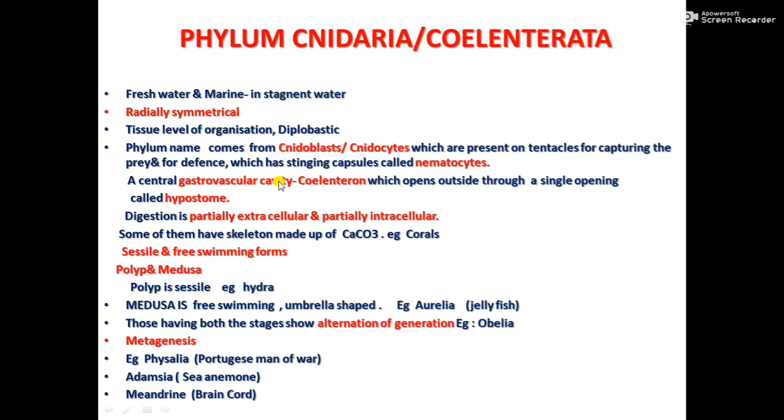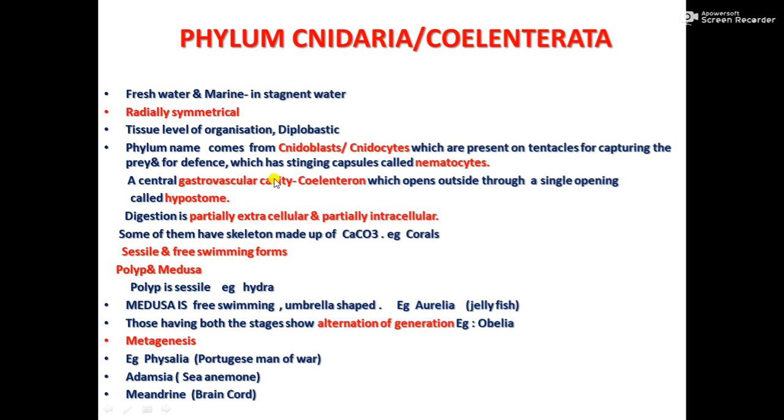Then the central cavity is called the gastrovascular cavity. Gastro means related to nutrition, digestion; vascular means circulation. In this cavity, circulation of materials to the cells takes place, as well as nutrients are absorbed and given to specialized cells.